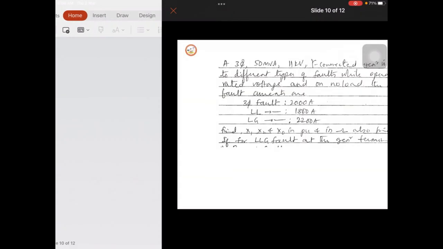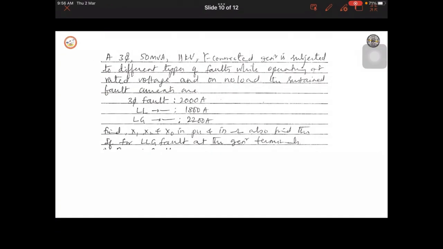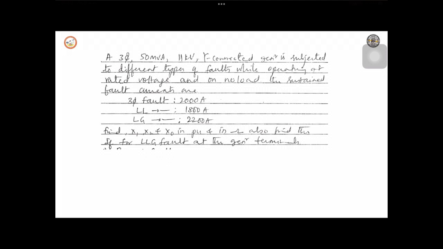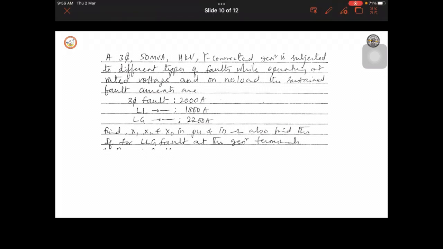Next we will consider one more example. Here it is required to find the x1, x2, x0. The question here is, a 3-phase 500 MVA 11 kV star connected generator is subjected to different types of faults while operating at rated voltage and on no load.